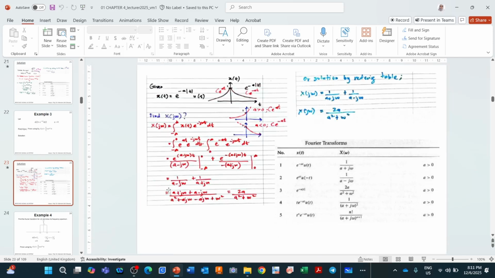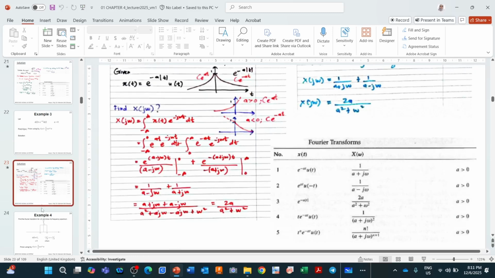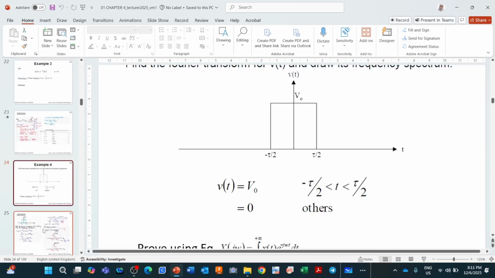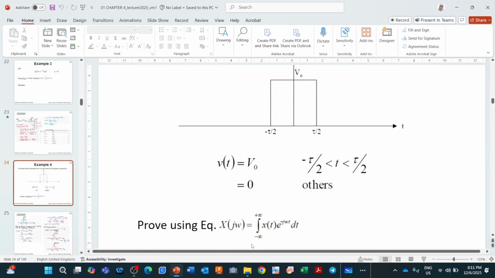So just go through the solution. In the final exam, of course, you're not going to use the X(j omega) equation, because you are going to apply the Fourier transform table directly. But as an engineering student, you need to know where the table came from.